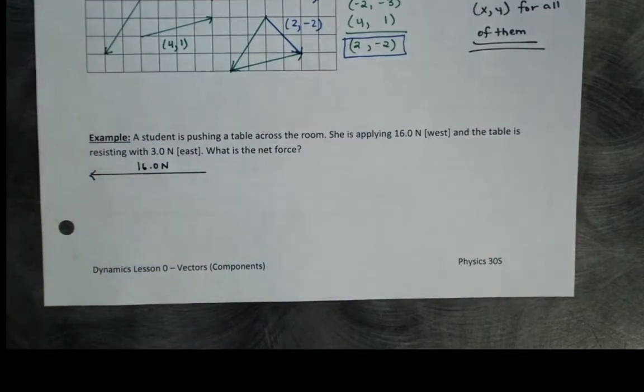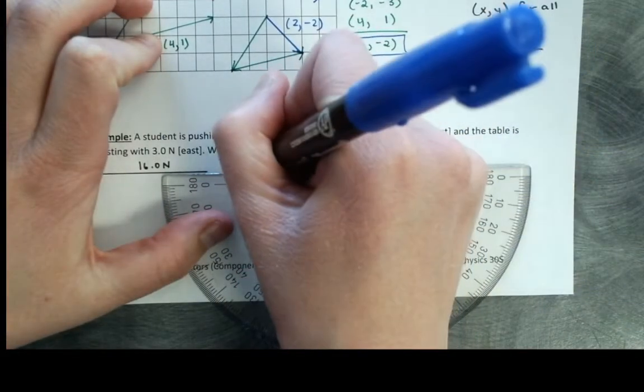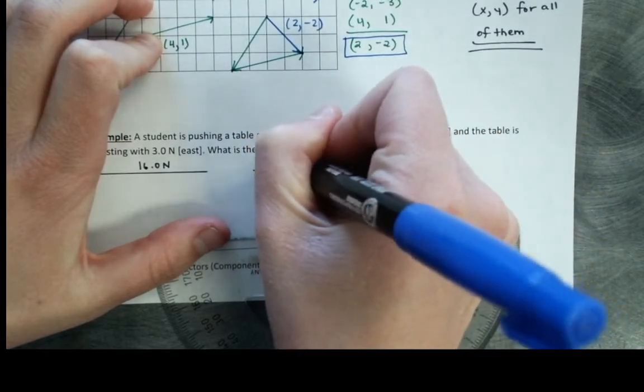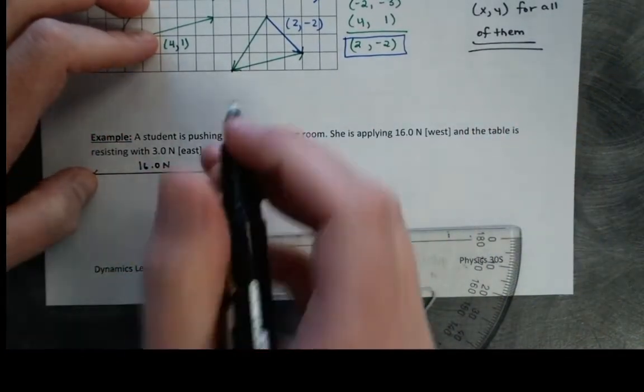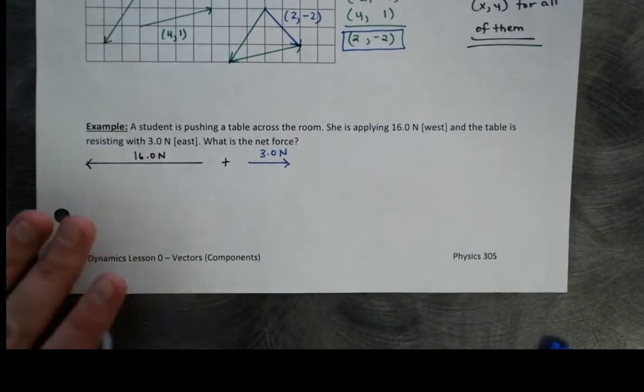And the table is resisting with 3 to the east. So that means it's resisting with this much, okay? We're going to add these together. In order to add them together, we need to have x and y.